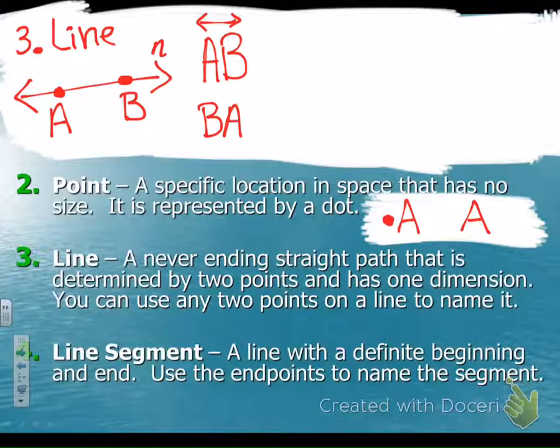We just need to use 2 points. It doesn't matter which order we go in, but we still put that little line above it. The third way that we name lines is using that lowercase italicized letter. But this way is just a little bit different. We actually write it out as line n. So sometimes you'll see them named by just that little lowercase letter.